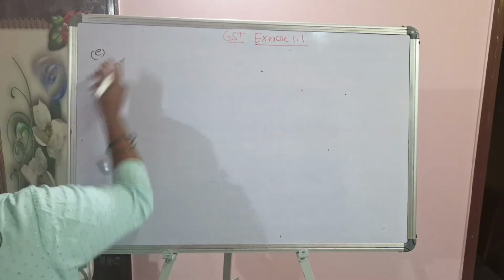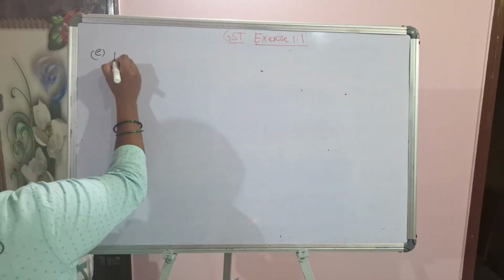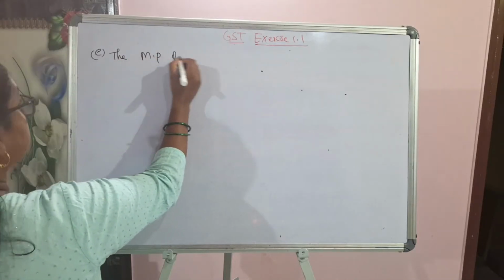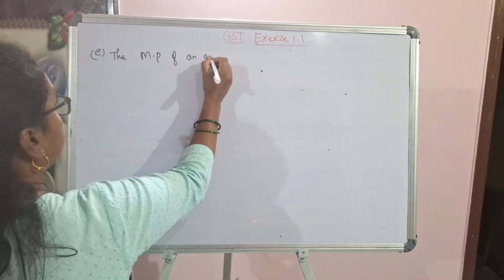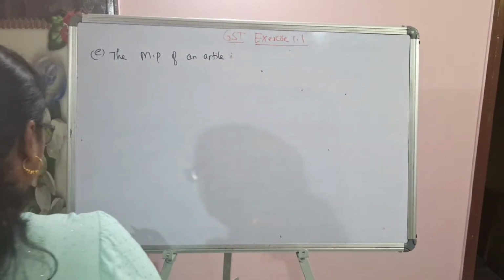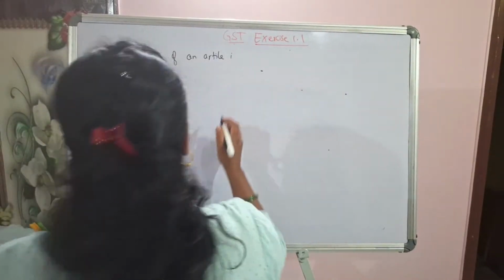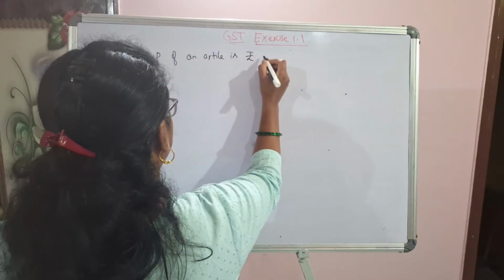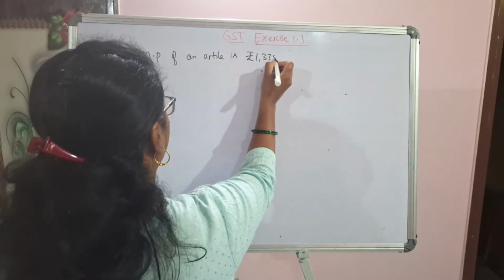The next question is, the market price of an article is rupees 1375.